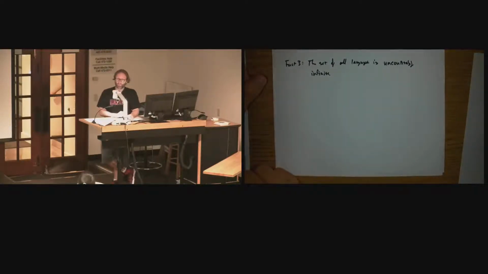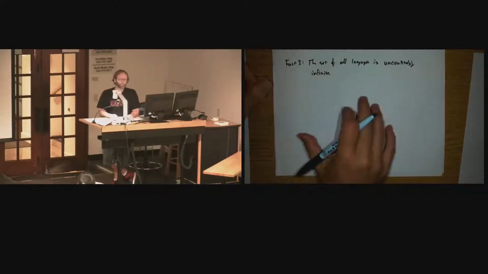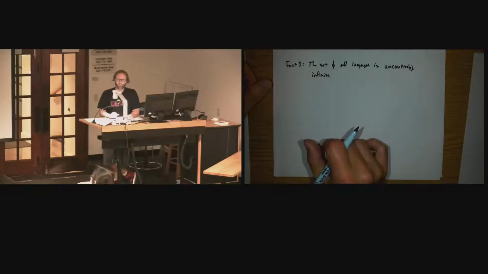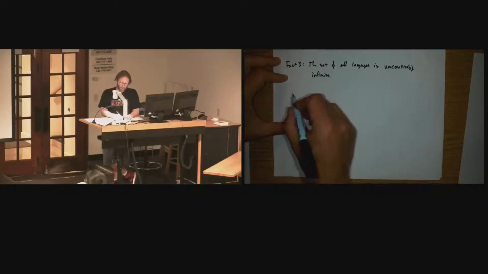So my proof is going to be a simple diagonalization proof, which is a proof by counterexample. But before we do that, I need to make sure everybody understands what we mean by countably infinite and uncountably infinite. So the natural numbers.